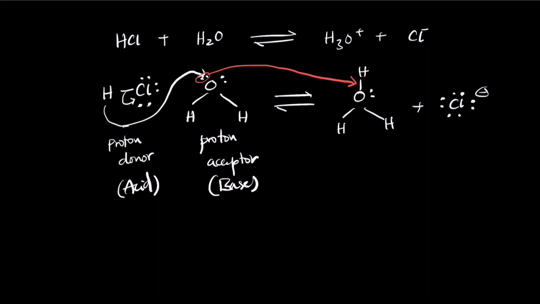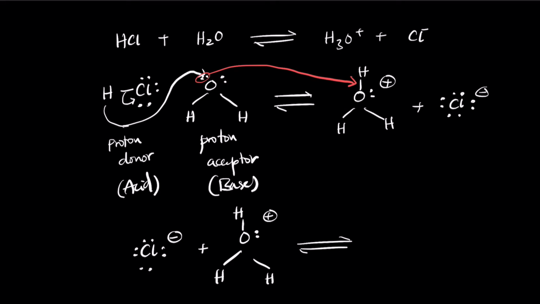So in reverse you have Cl minus plus hydronium ion forming HCl plus H2O.